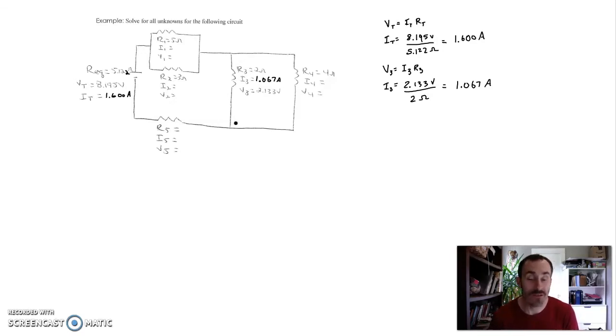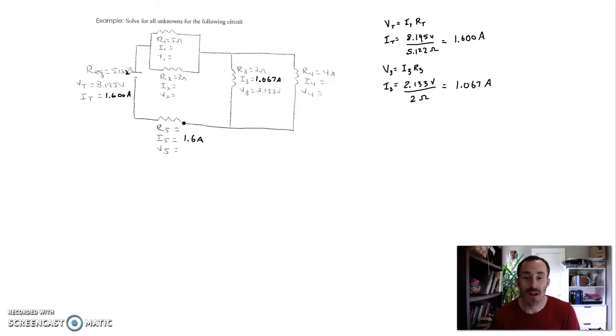But I know that every single path will take its current through this resistor. And so I know that the current through this resistor is going to be 1.6 amps. There is no other way for current to get back to the source than to go through this resistor.